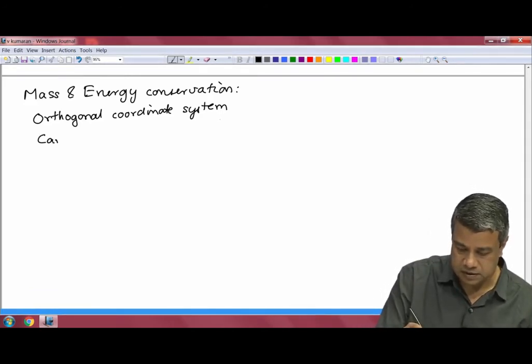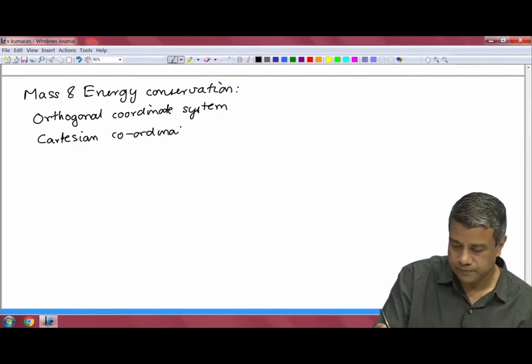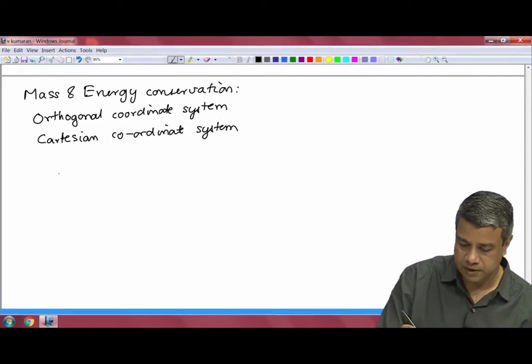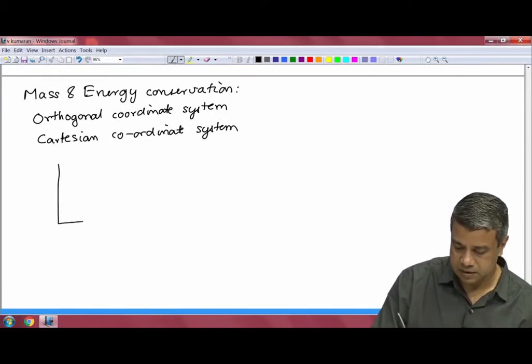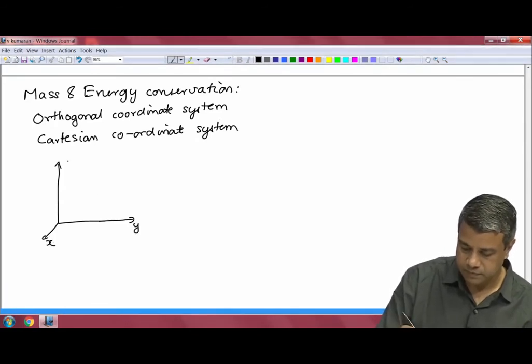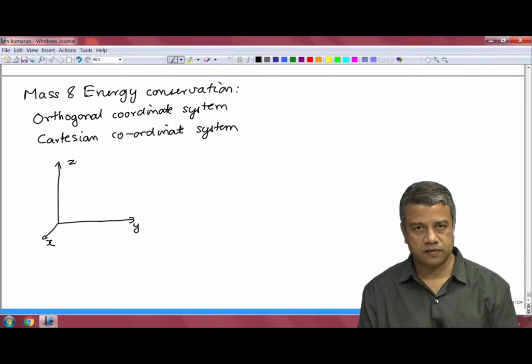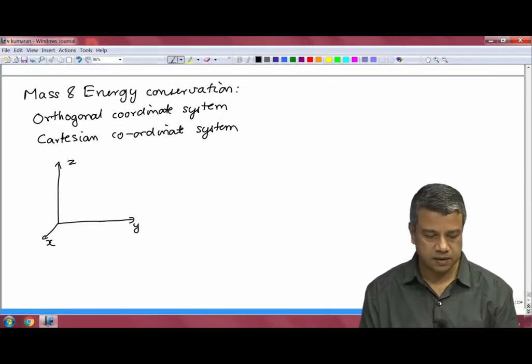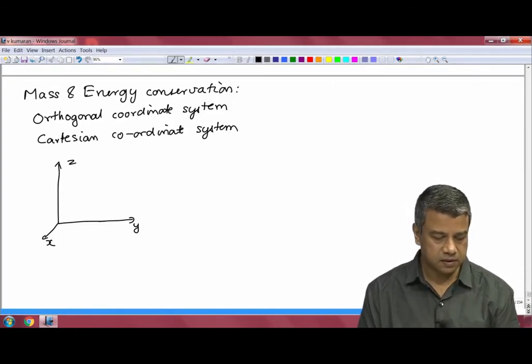So, first is the Cartesian. Three axes, all perpendicular to each other. The x axis is out of the plane, y and z are in the plane. This is a right-handed coordinate system.